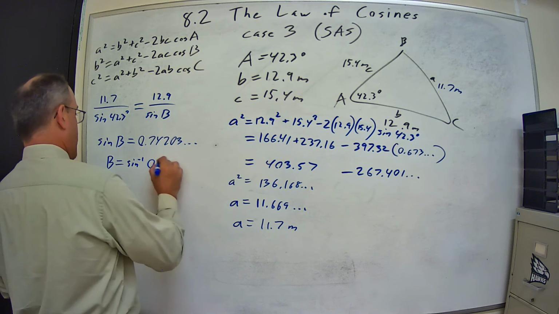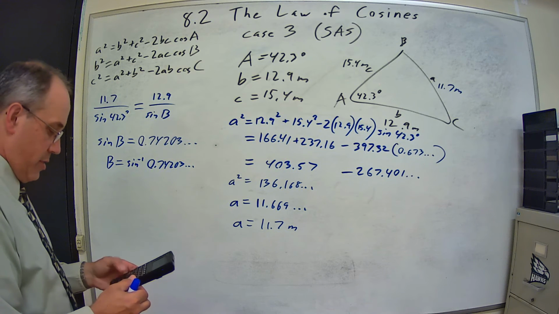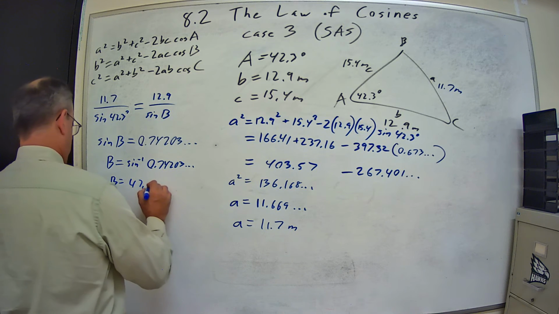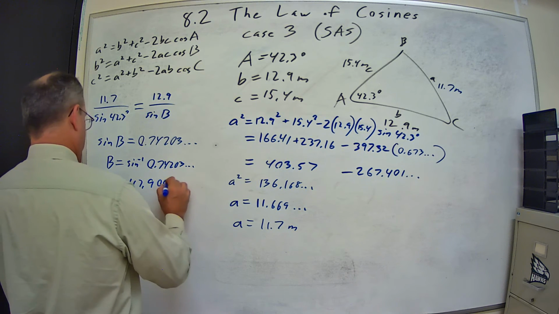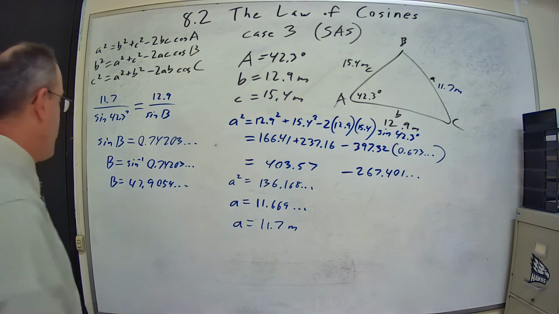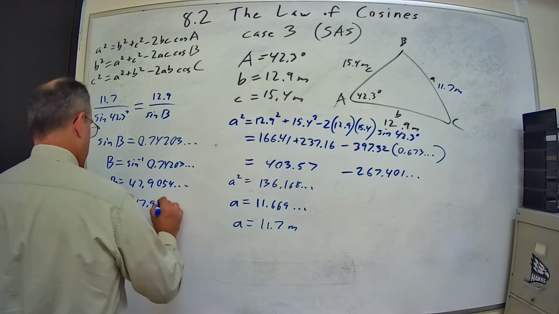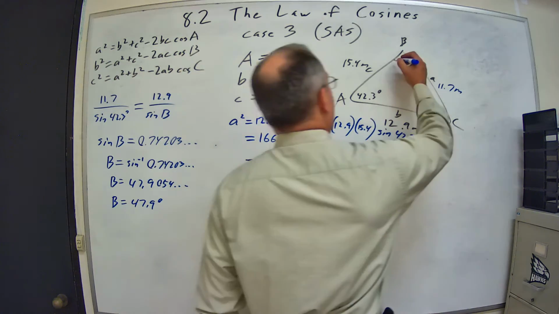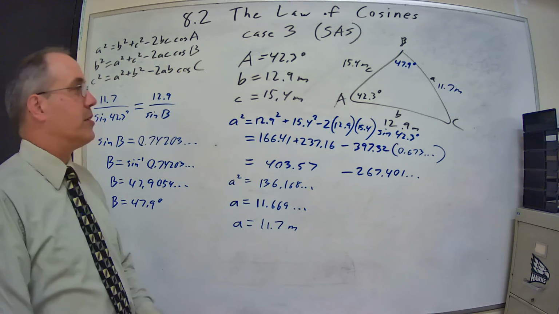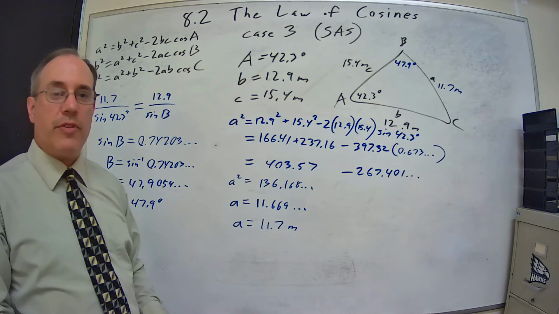So if I want to find B, I'm going to take the inverse sine of 0.74203, which is 47.9054. Our angles are to the nearest tenth of a degree, so I'm going to make this the same, so B is equal to 47.9 degrees. Now that I have two angles, I can find the third one by using the sum of interior angles.